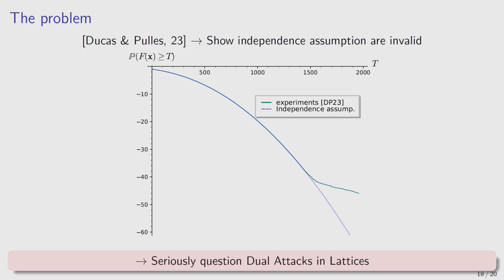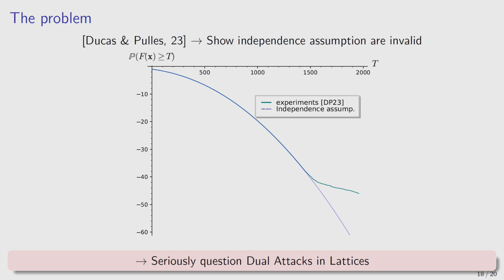You have a score function that you expect will be high on the secret, and usually they use the independence assumption. Ducas and Pulles showed that the independence assumption could not hold. In blue full line, you have the experimental distribution, and in dotted blue, you have what should have been given by the independence assumption. So this is a problem.